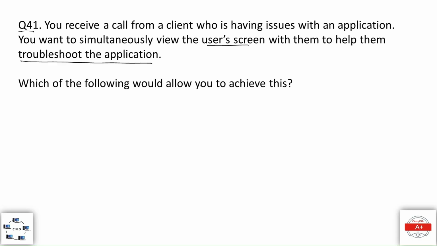Which of the following would allow you to achieve this? The options are RDP, remote desktop protocol, option B, virtual private network, option C, SSH, secure shell, and option D, VNC, virtual network connectivity.